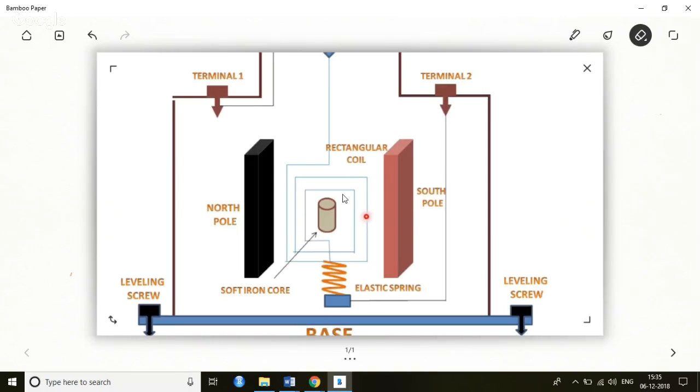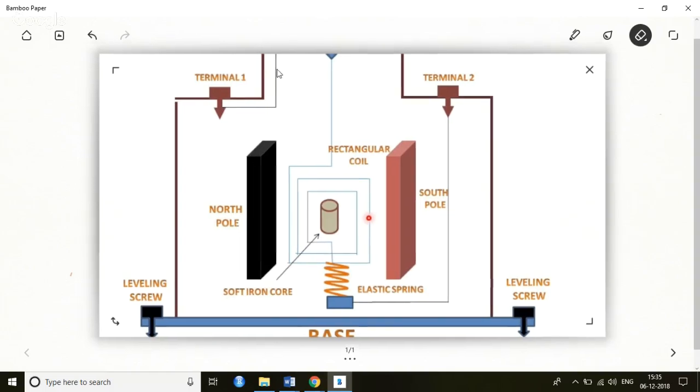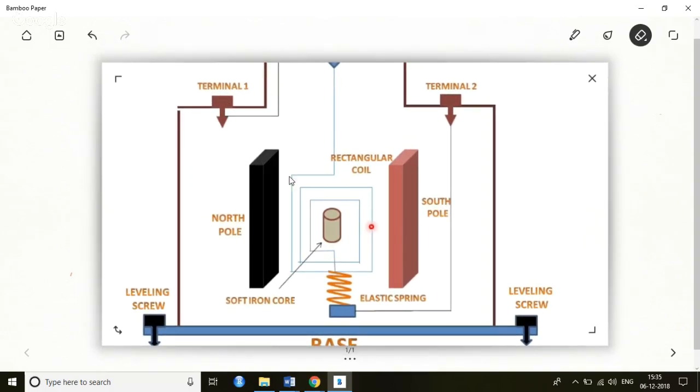This is a moving coil galvanometer and how it is constructed. So I'll talk about the construction of the moving coil galvanometer. You have two terminals here. One is your positive terminal and the second one is your negative terminal. And then you have these magnets. So this is your south pole of the magnet, and this is your north pole of the magnet, and this is the south pole of the magnet.